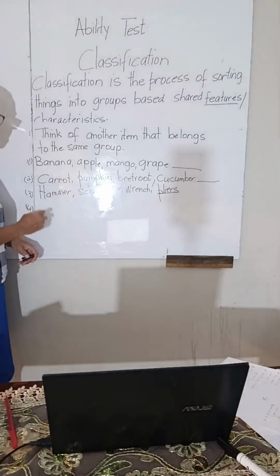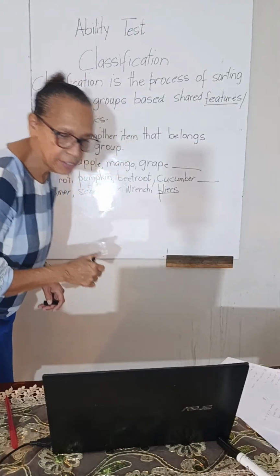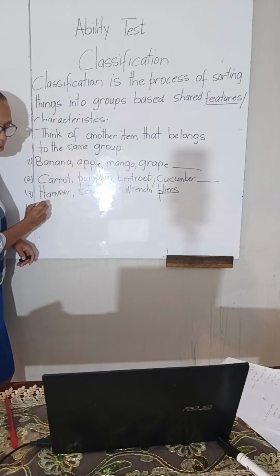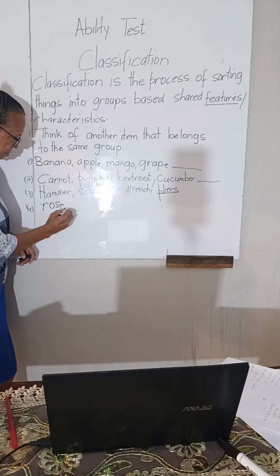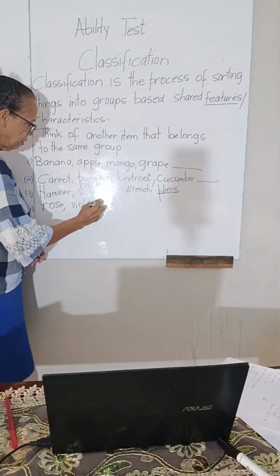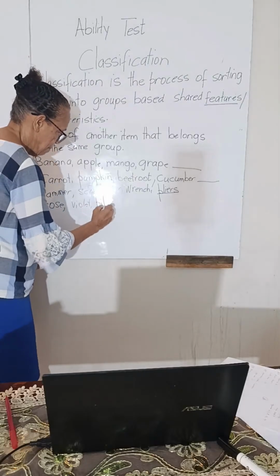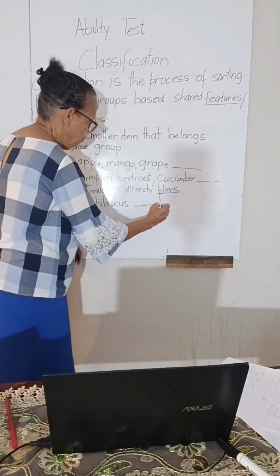Number 4. You could look at rose, violet, hibiscus, and you could find another one.